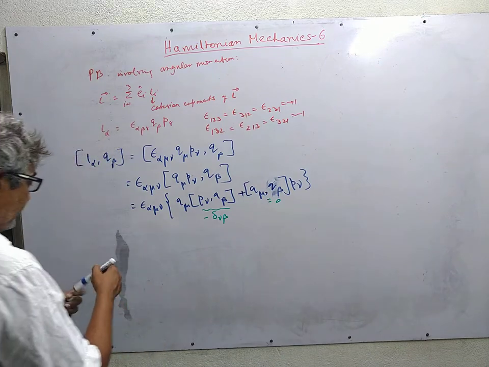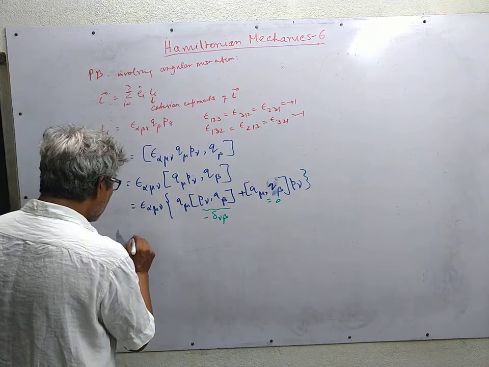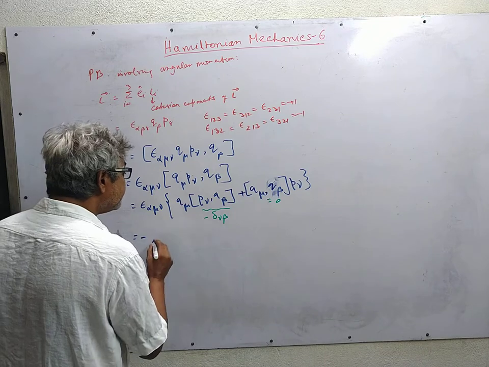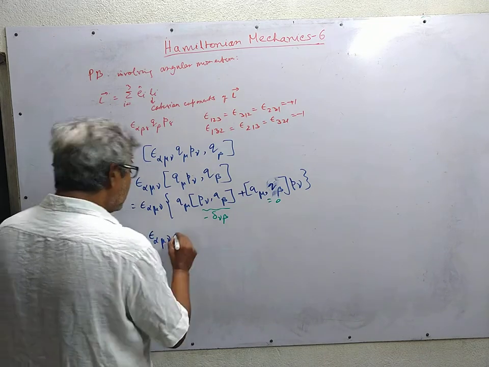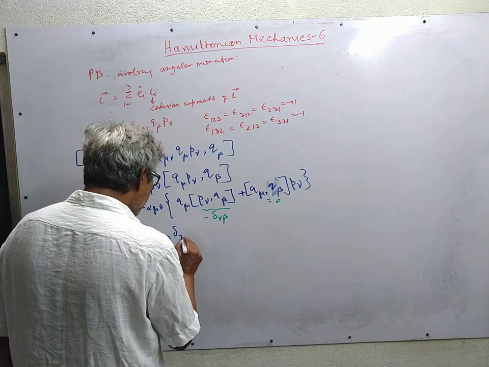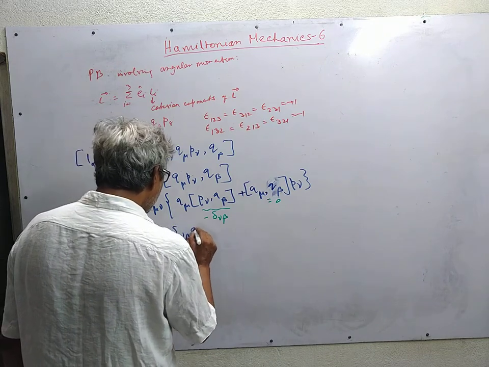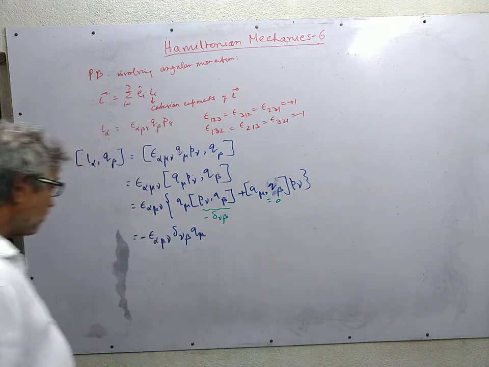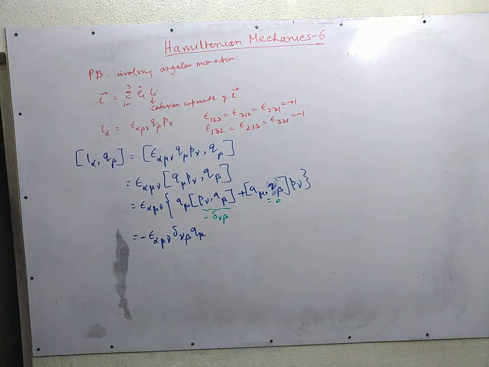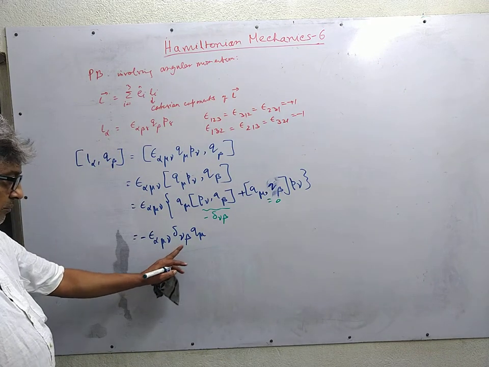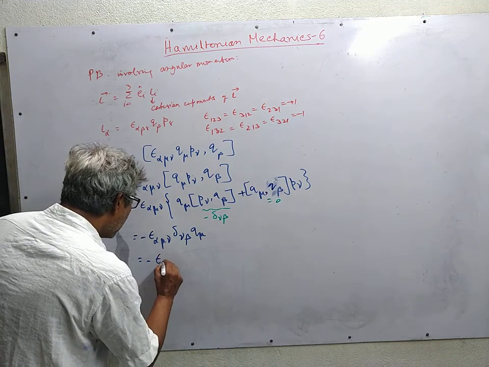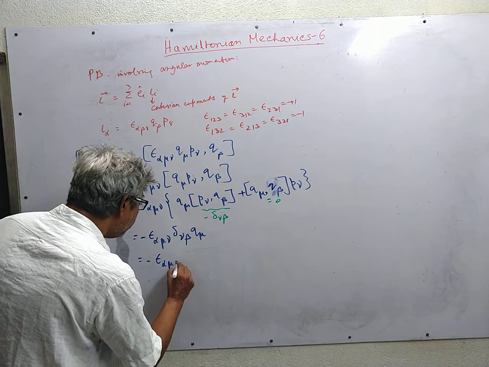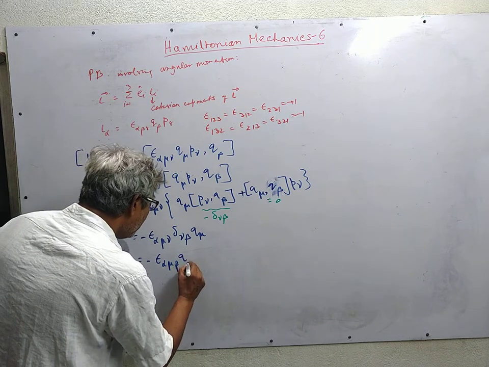So we have minus ε_αμν δ_νβ Q_μ. If we carry out the sum over ν, then ν is replaced by β. So we have ε_αμβ Q_μ.